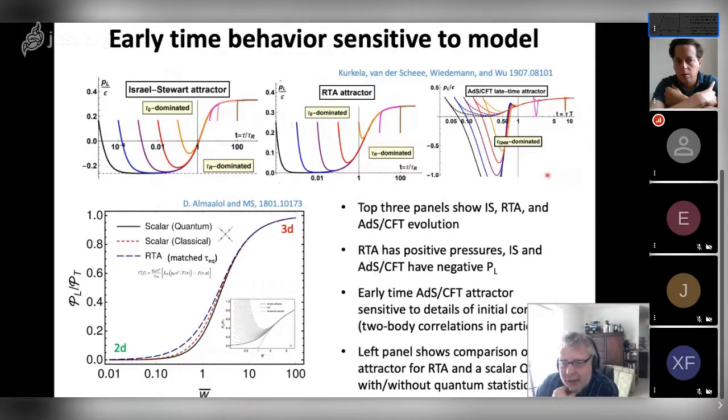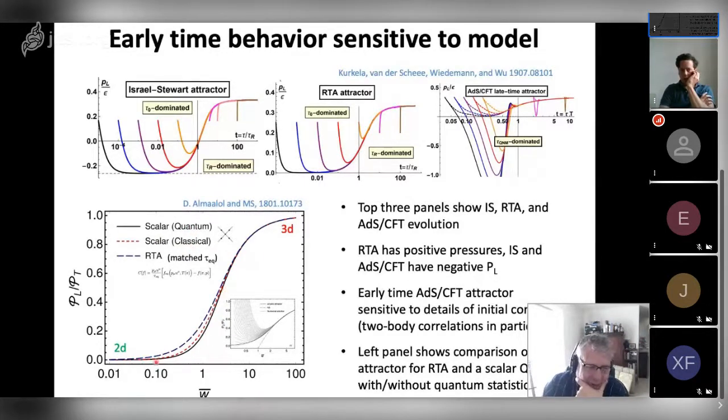Now, before I get to the third panel, which I'll come to in a second, I want to bring you down to the next panel in the lower left. So this was RTA. My student Dekriat and I were also able to do the attractor extraction in a different kinetic theory. This is scalar, either including the quantum Bose enhancement or Fermi suppression effects, or the classical with just Boltzmann statistics.